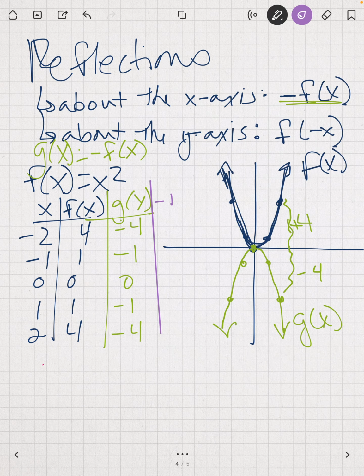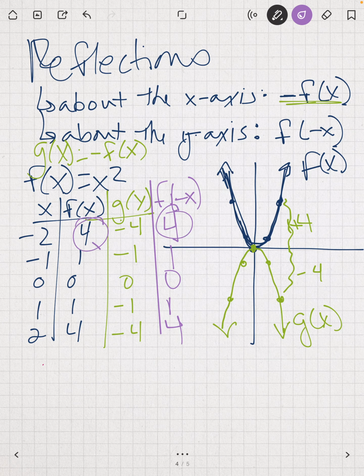F of negative x. Well, if I take negative 2's opposite, 2, squared is 4. Negative 1's opposite is 1, squared is 1. 0, opposite 0, squared 0. 1, its opposite is negative 1, but squared is still 1. 2's opposite is negative 2, but squared is still 4.